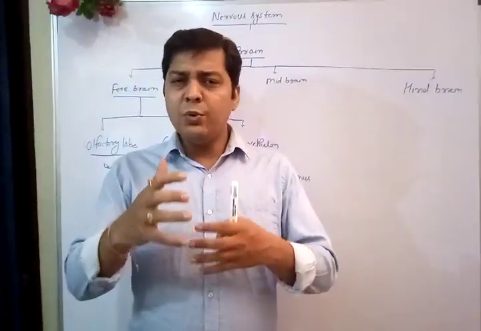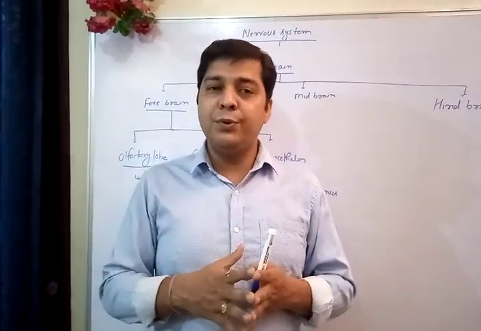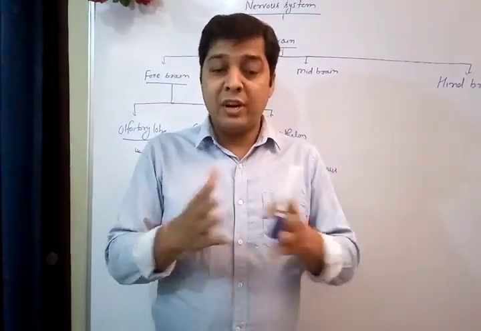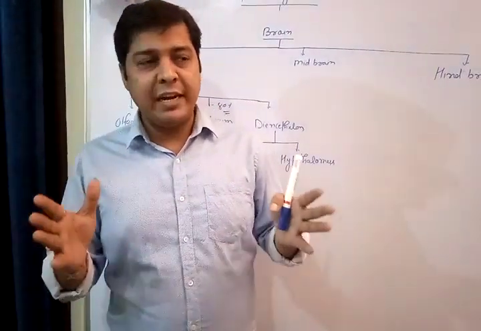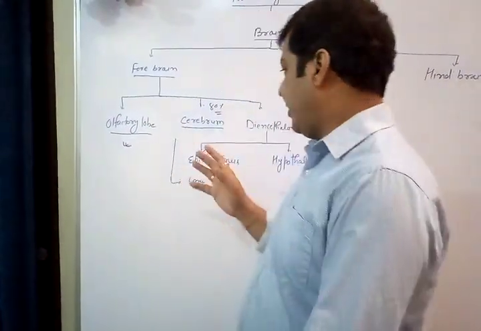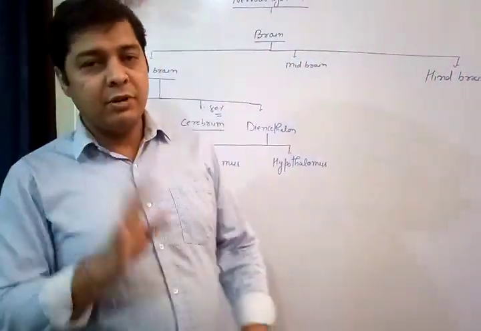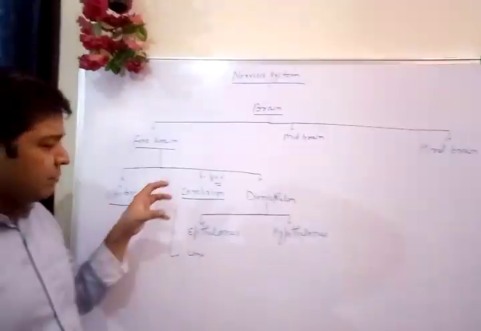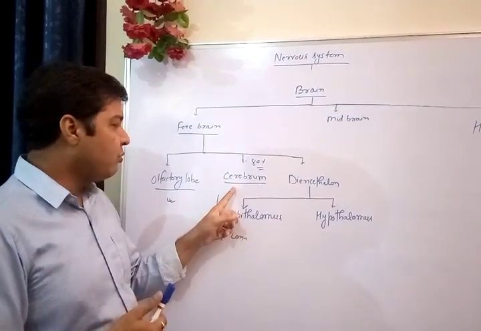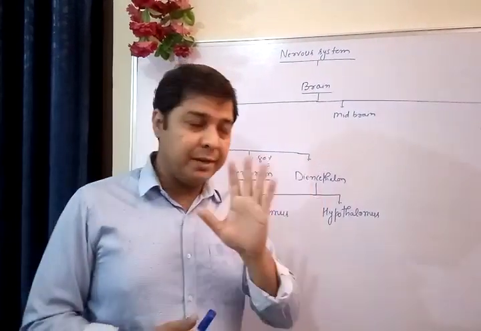When you learn, write, read, and grasp things, all skillful activity is managed by the cerebrum. So whatever the academic skills are, they are controlled by the cerebrum.